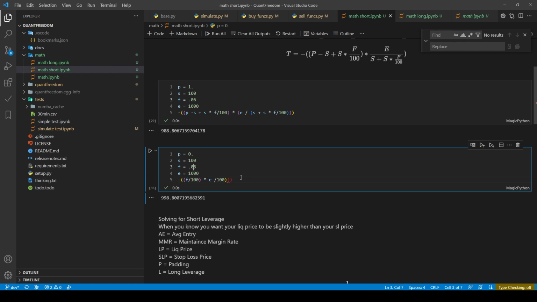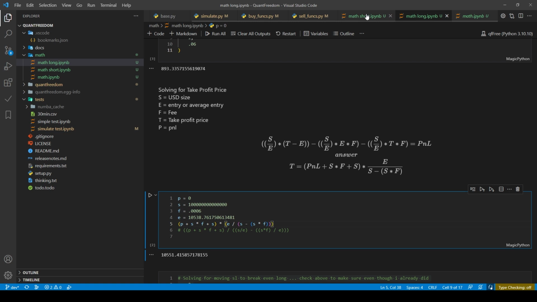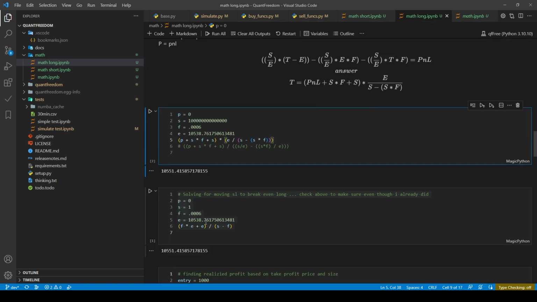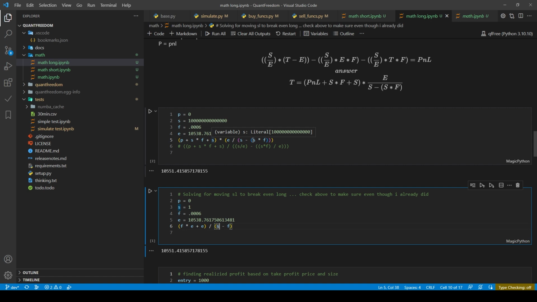What? The size doesn't matter, and so it's just fees and entry. Oh, but the size has to be here. Size minus fees. So this whole section doesn't change, and it's just size minus fees.